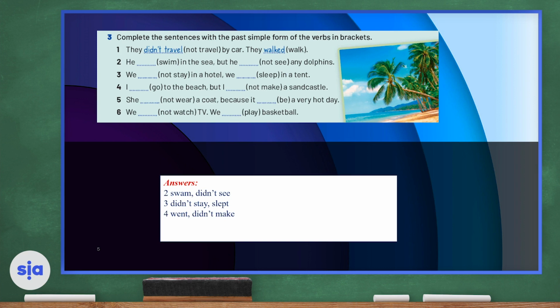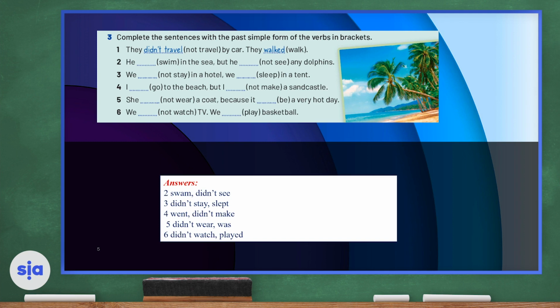And for number 5, she not wear a coat because it be a very hot day. So we can say she didn't wear a coat because it was a very hot day. And number 6, we not watch TV, we play basketball. It turns to be we didn't watch TV, we played basketball.